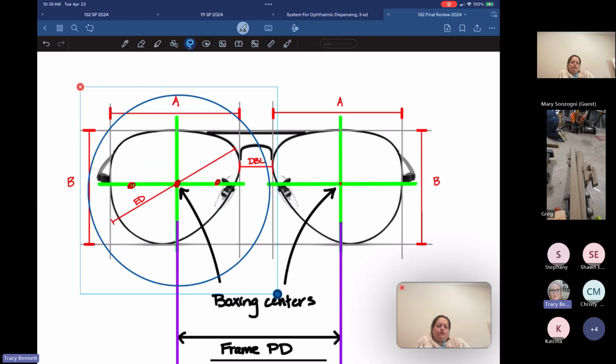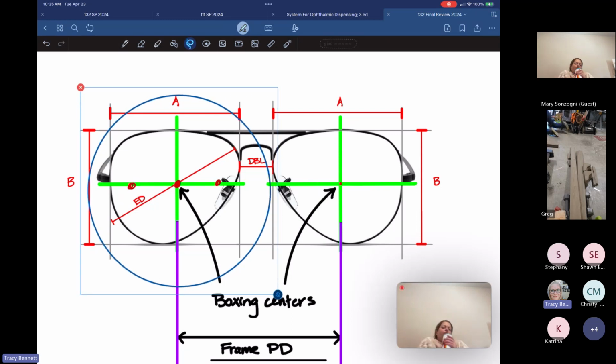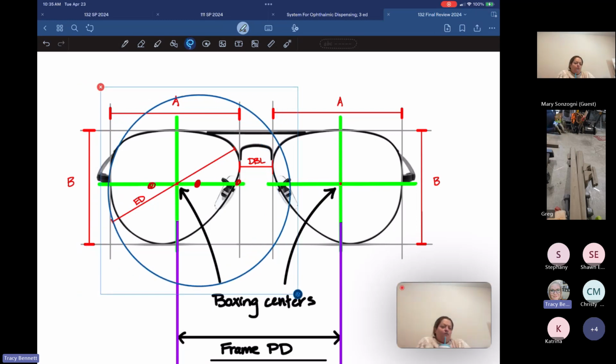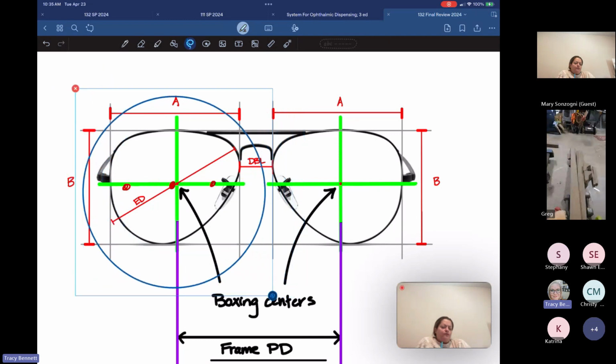I know there's a lot of lines on this, but basically it's like the concept of the eye looking over here. The lens didn't move, so it's the eye that's looking. Yes. Since we didn't do any decentration, that means we didn't move the lens to wherever the eye is positioned.